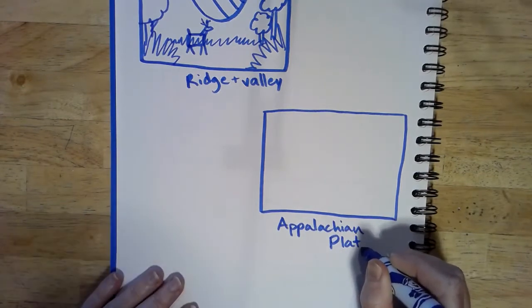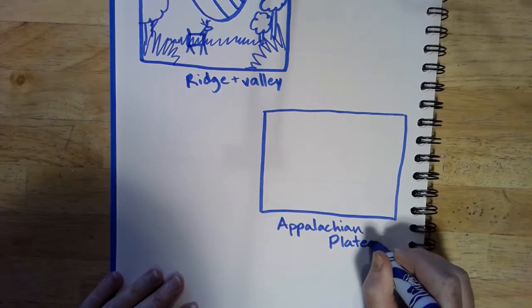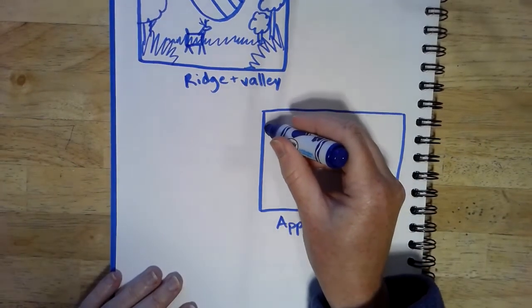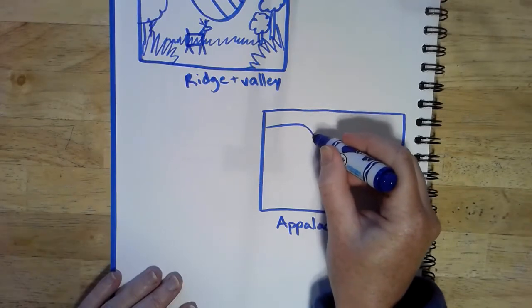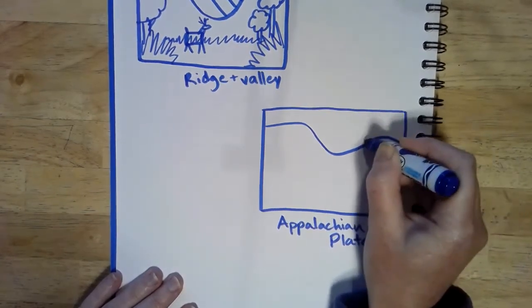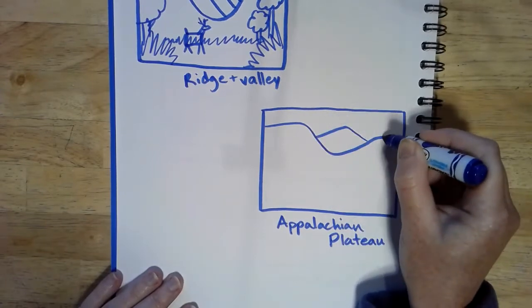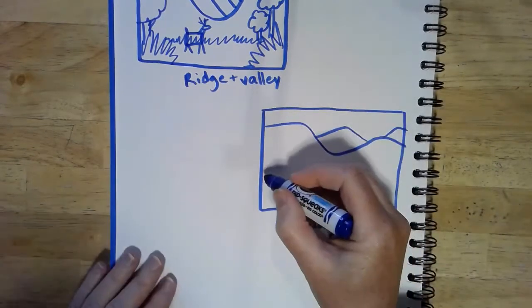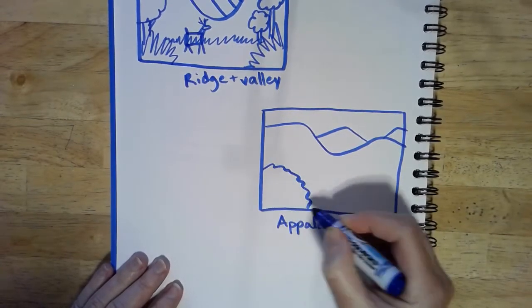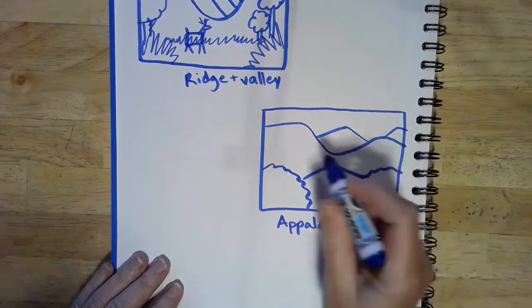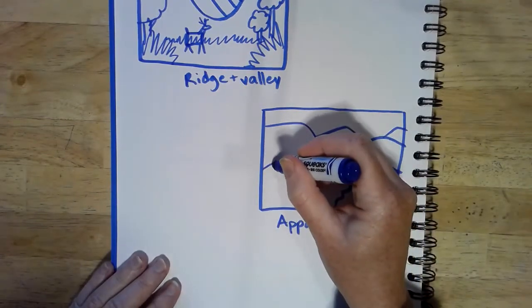Now, plateau is actually a raised flat mountain. So if you want to draw an actual plateau, it would have a flat top and it would have more mountains around it. And the same thing with the Blue Ridge. You can have kind of a wildlife viewing area from a road way up there, and you're looking down onto all these mountains down here.